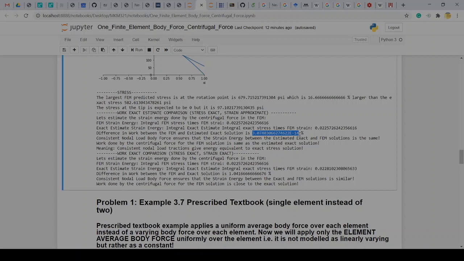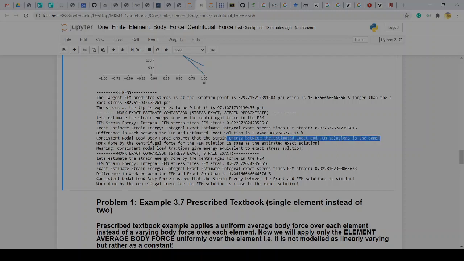So what we see is the consistent node loads. When we use consistent node loads, we make sure we get the same answer as the estimated exact strain energy, which means using the exact stress solution but the approximation for the strain in that work computation.